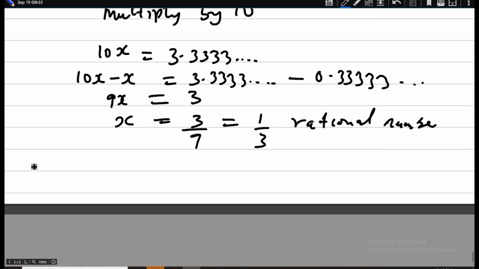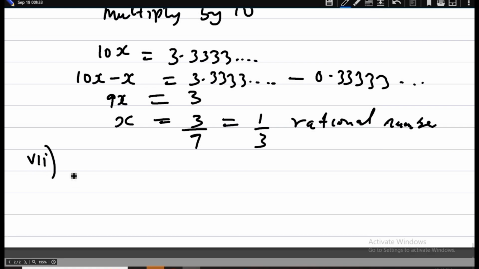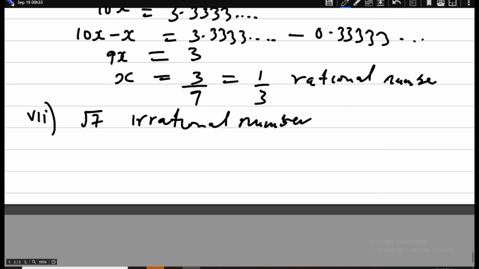So the next thing is question number VII. For question number VII, they gave us root 7. Root 7 is an irrational number. Okay, so we go to question number VIII.